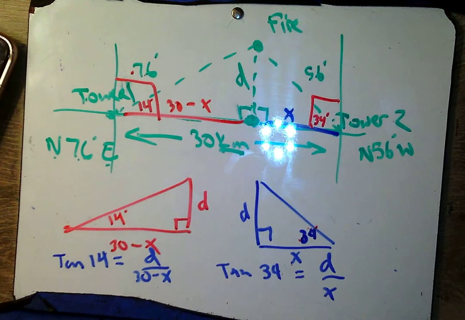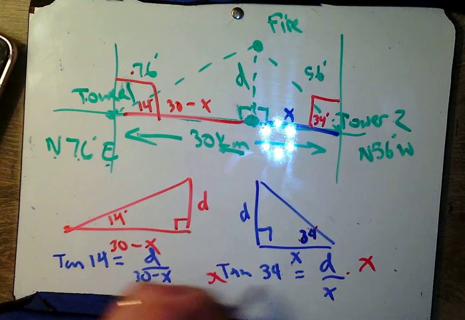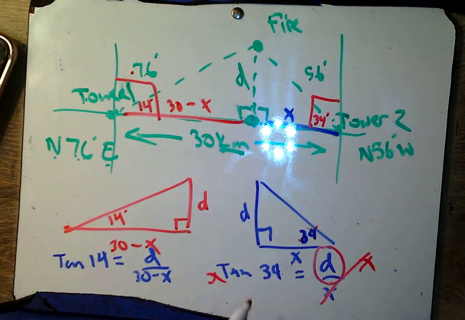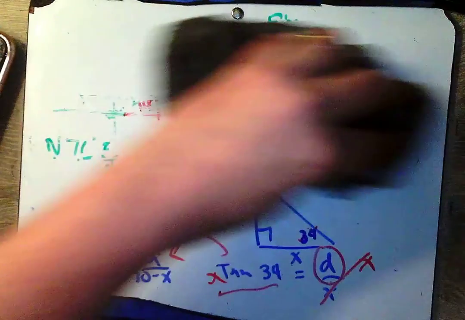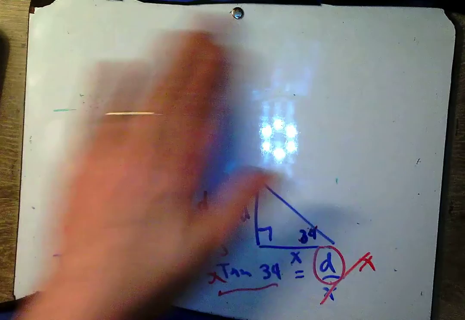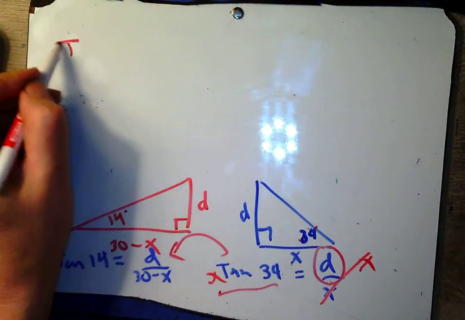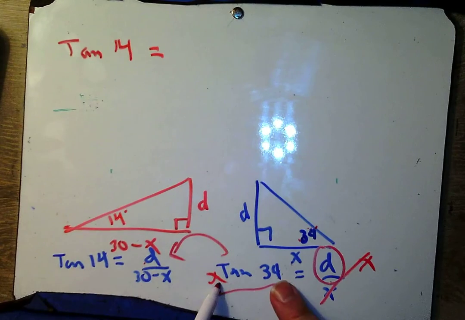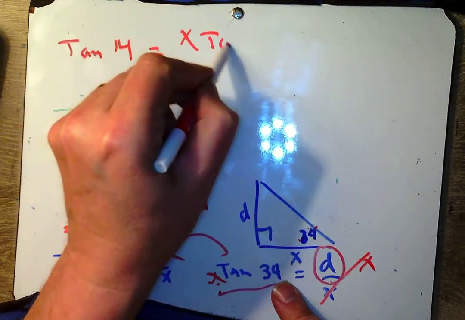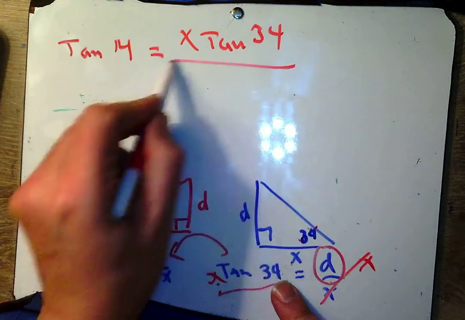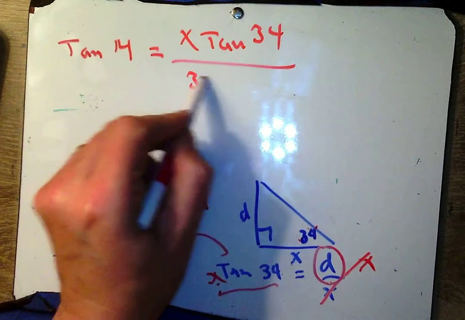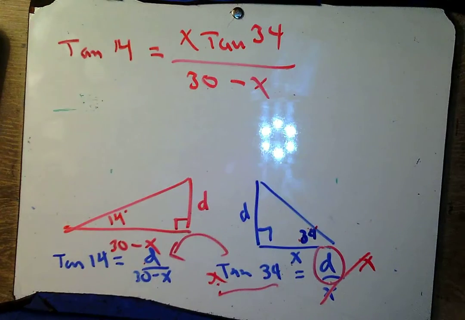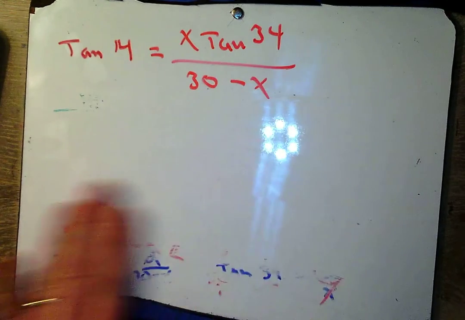And again, I'm going to use substitution and say, I know what d equals. I'm going to plug that into the other equation. Okay, what does that get? Well, it gets me a little algebra. So we've got tan 14 equals, I'm replacing d with x tan 34 over 30 minus x. Okay, how do I solve that?